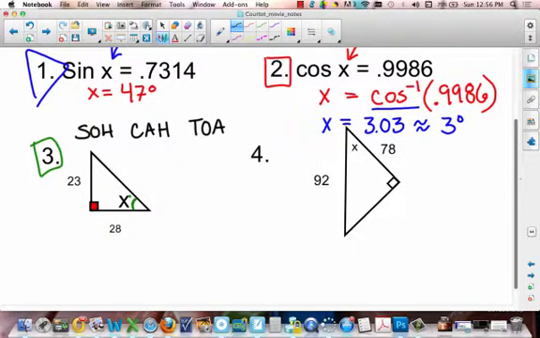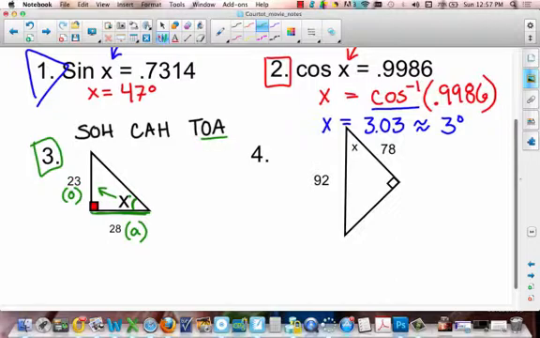I can look at x, and this must be the adjacent side because it's next to that angle. Directly across from it is the opposite side. So I have O and A. The only one with O and A is TOA.